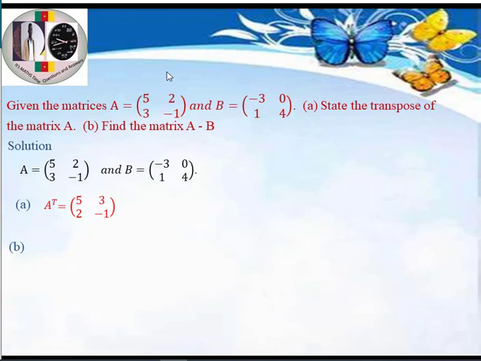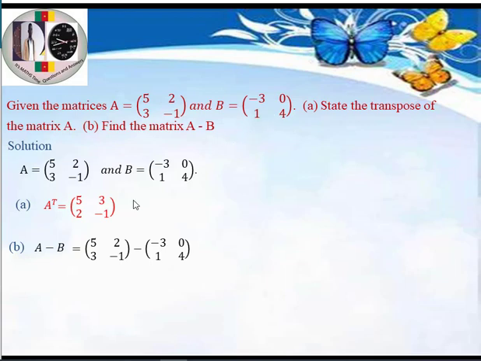Since matrix A is a 2 by 2 and matrix B is a 2 by 2, we can subtract matrix B from matrix A. So we have A minus B is equal to 5 2 3 minus 1 minus minus 3 0 1 4.